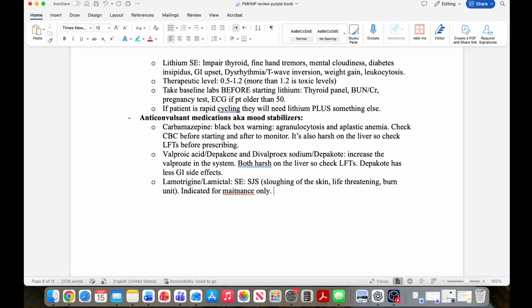Well, apparently it does have hepatotoxicity too. It's not a black box warning, but it can also cause hepatotoxicity. So you see the trend here.